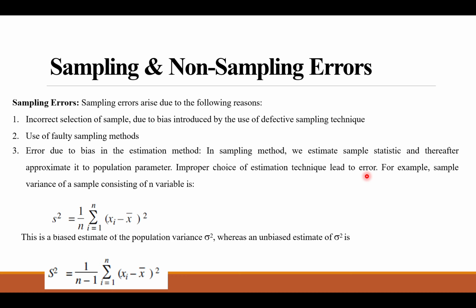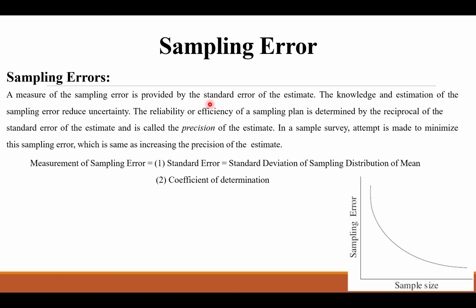Then, how to measure this sampling error? It is measured by the standard error of the estimate. The knowledge and estimation of the sampling error reduce uncertainty. The reliability or efficiency of a sampling plan is determined by the reciprocal of the standard error of the estimate and is called the precision of the estimate.